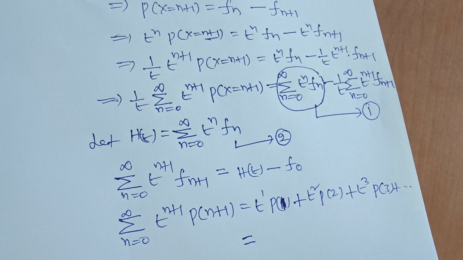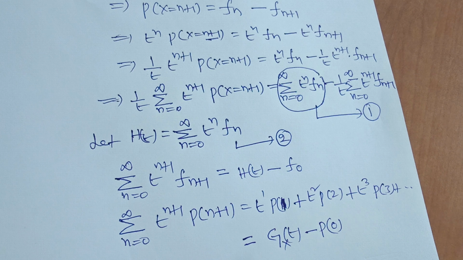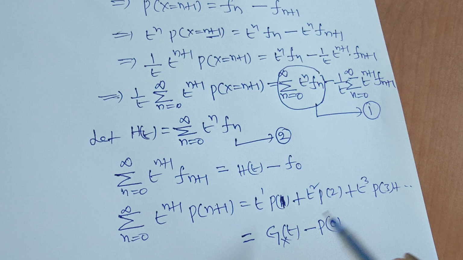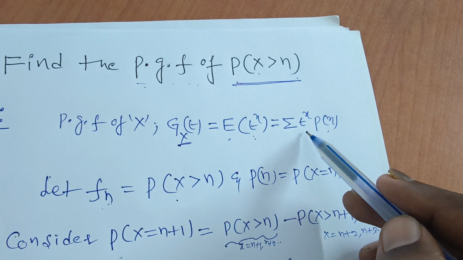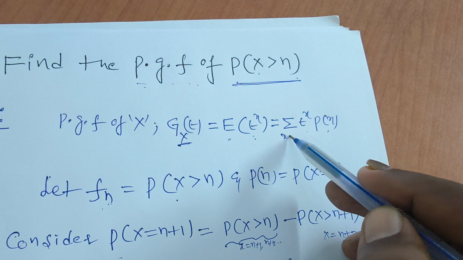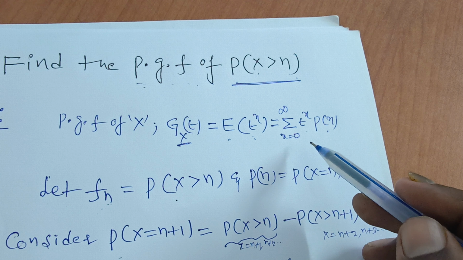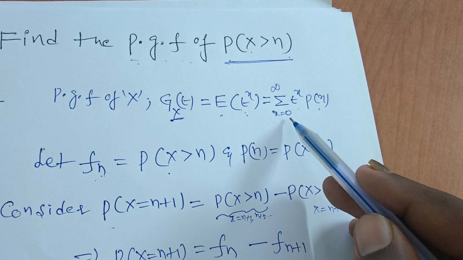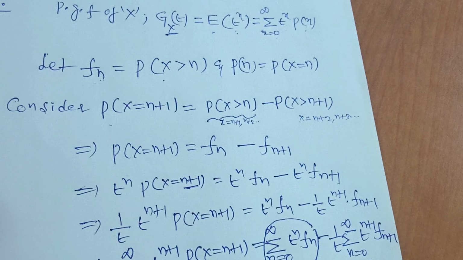This can be written as G_X(t) minus P(0), because what is G_X(t) here? G_X(t) is t^x P(x), where x is equal to 0 to infinity. But if we put x equal to 0 here, we get t^0 into P(0).